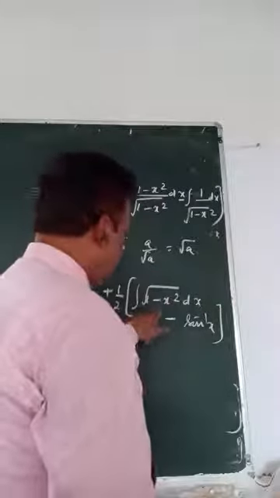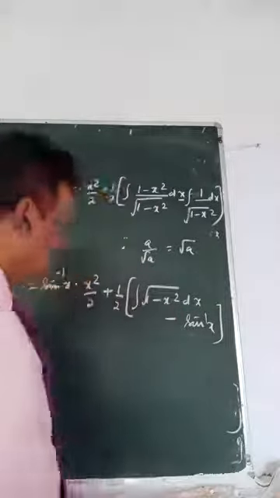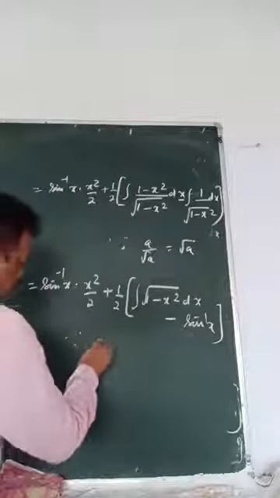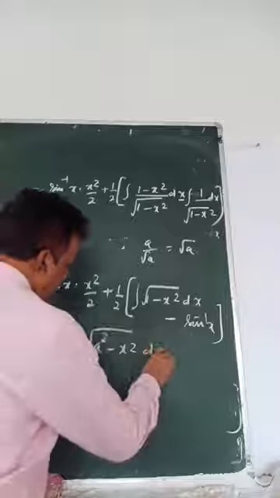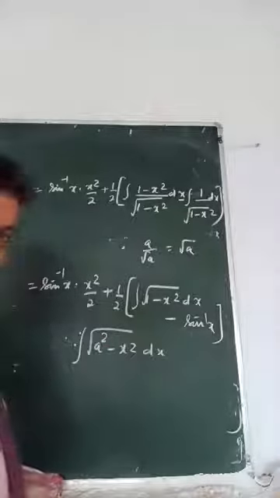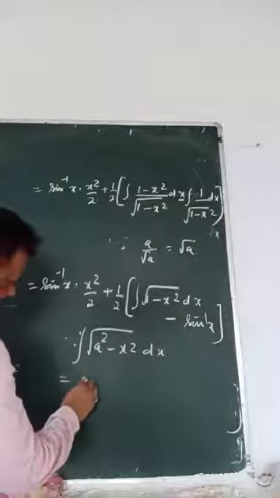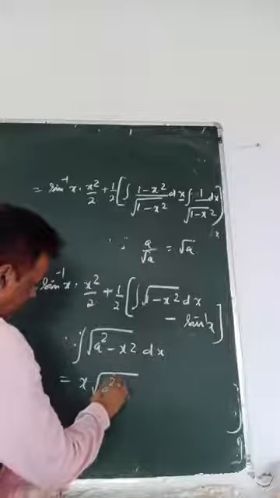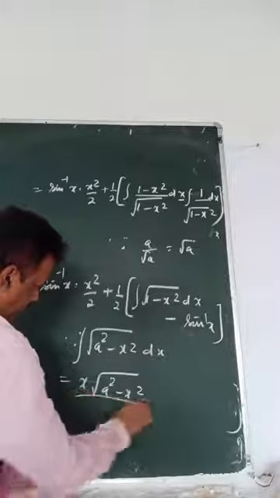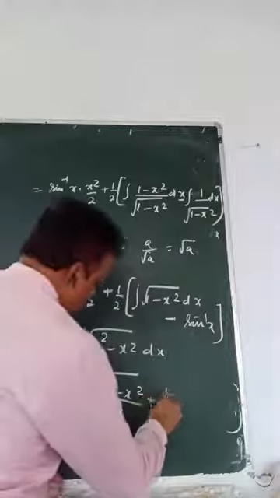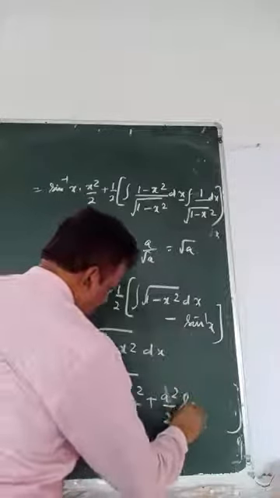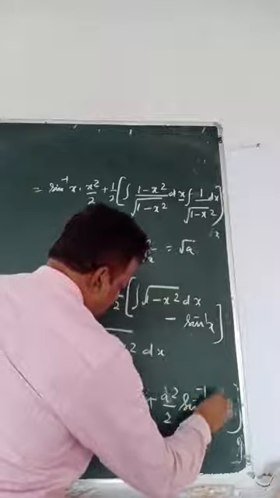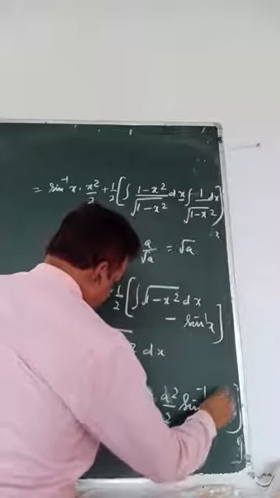Now how to integrate this? You have to use the standard formula, integration of root over a square minus x square dx. What formula have I given you? That is x into integrand by 2 plus a square by 2 sine inverse x. Okay, this formula now.